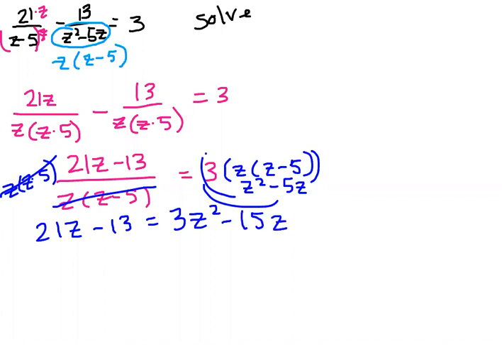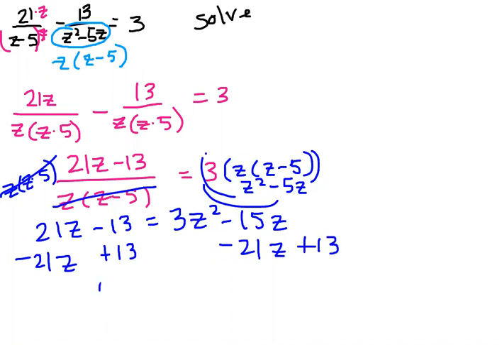The fact that there remains a quadratic as well as a z with a single exponent of 1, this will best be solved if you just set that polynomial equal to 0, and then we'll look at our quadratic methods. So I'm going to subtract the 21z and then add the 13 and move both of those terms over to the right.